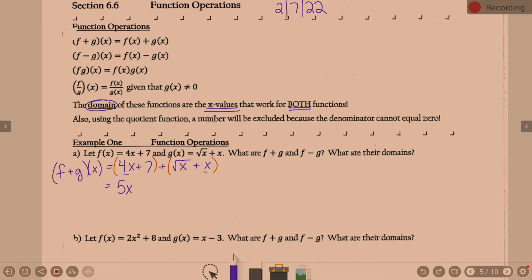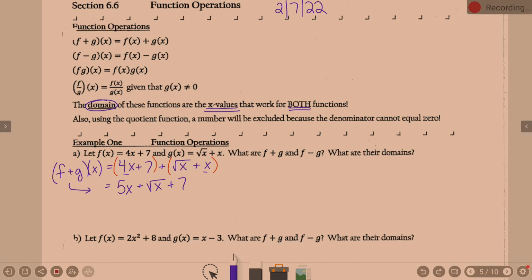Now, order-wise, I tend to put my variables first, so I'm actually going to say 5x plus square root of x plus 7. Is it wrong if you did 5x plus 7 plus square root of x? No, not usually. Unless there is some restriction about the order you put them in, either would be fine.